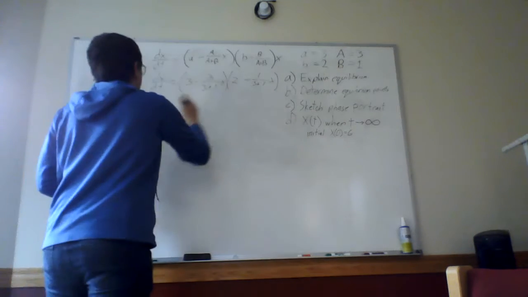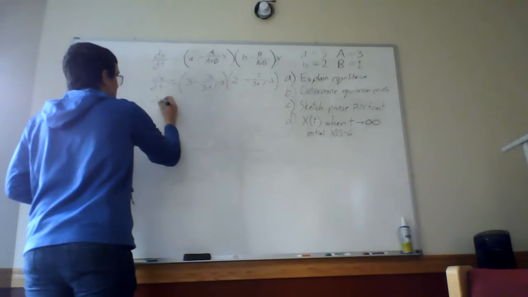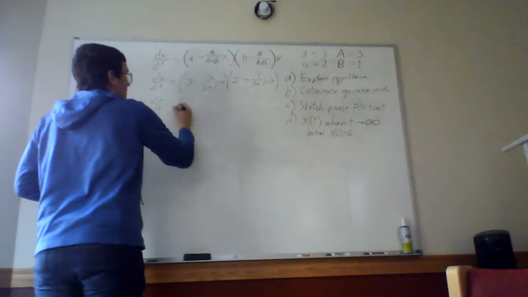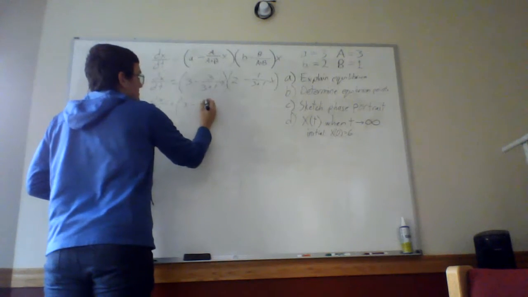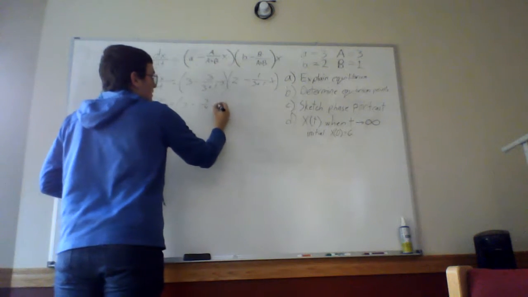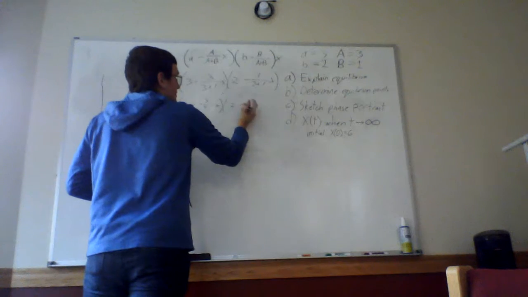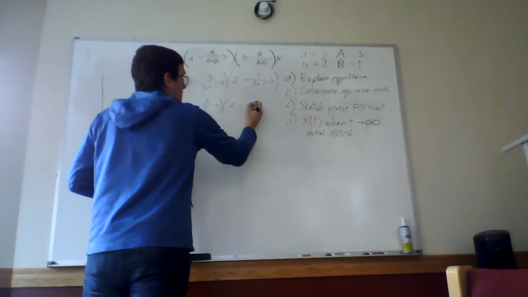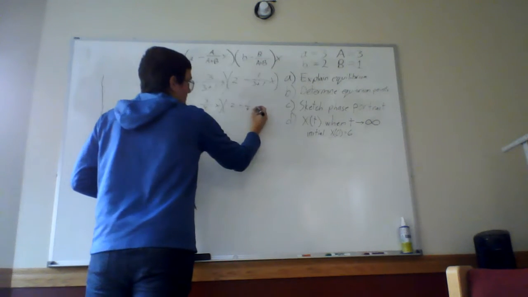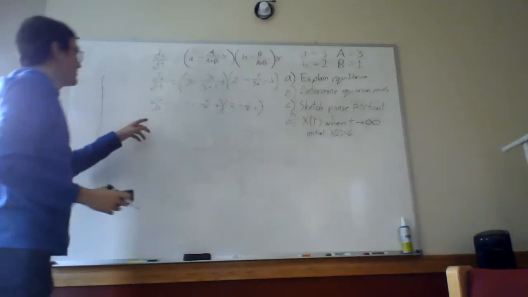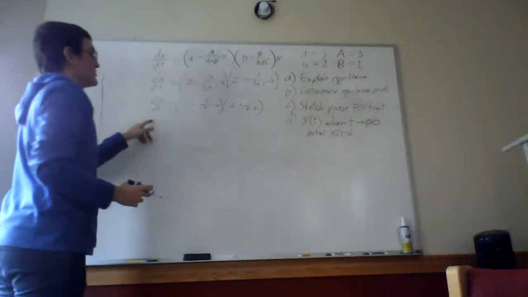So we boil this down and simplify it to a point that's easier to understand: 3 minus 3 over 4 x times 2 minus 1 over 4 x. Now our derivative, we need to set this equal to 0.